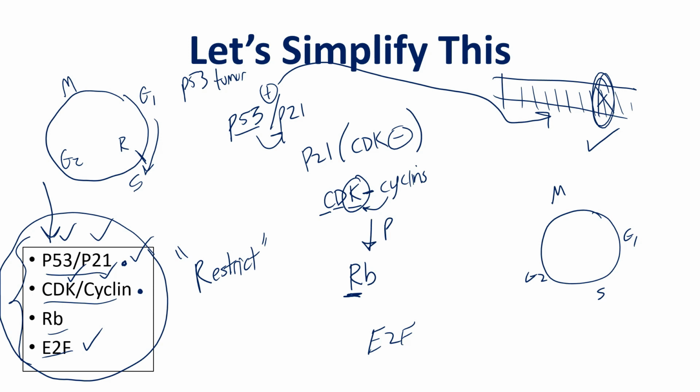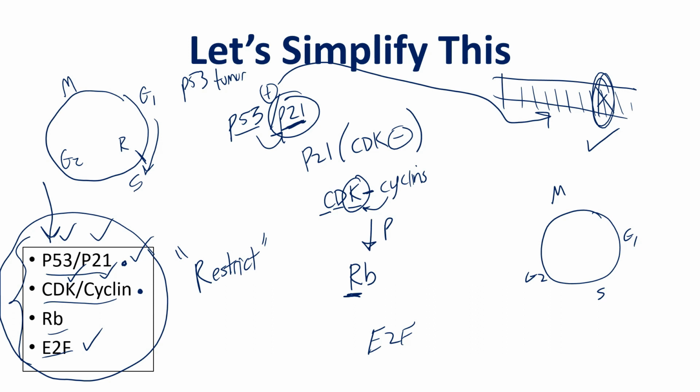So let's go back to the beginning. P53 has detected that there's some sort of damage in this particular cell's DNA. It is going to activate P21. Now, I don't have a clever way to memorize that it activates P21, so that's something you'll have to learn on your own. Just know that P53 detects the DNA damage, and that should be easy to remember because it is a tumor suppressor, so it's going to clearly suppress this pathway somehow, and we'll see how.